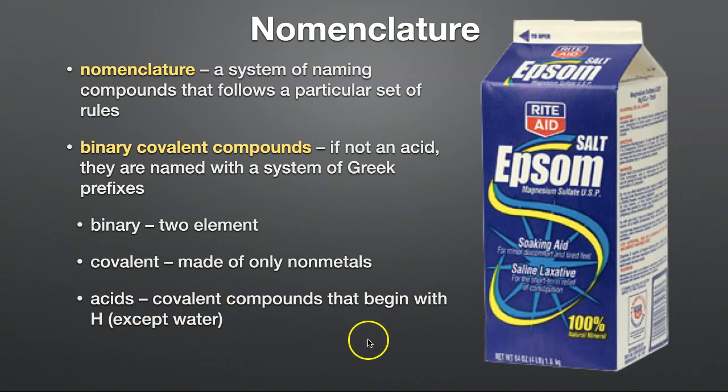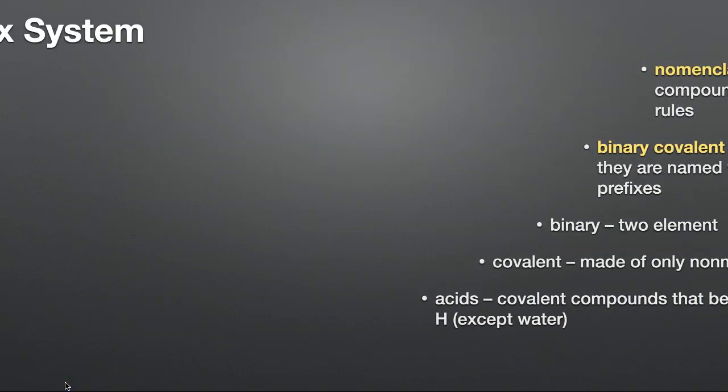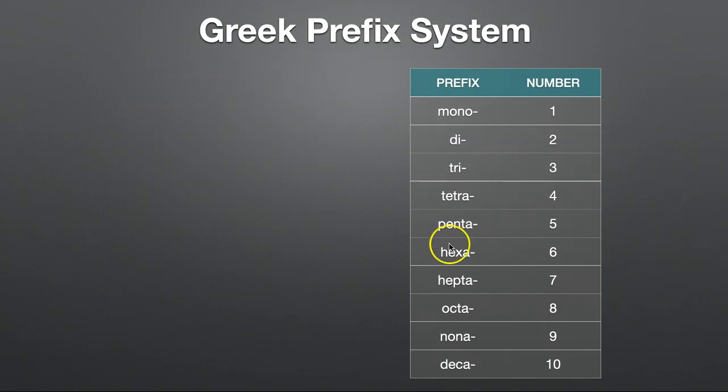Acids would be covalent compounds that begin with a hydrogen, except if you see the formula for water, that is a covalent compound and it does begin with hydrogen, but it's not an acid. At least not exactly an acid, but we'll get to that in later chapters. So the problems I'm going to give you will just be binary covalent compounds. You'll see two elements that are nonmetals, and you'll use the Greek prefixes.